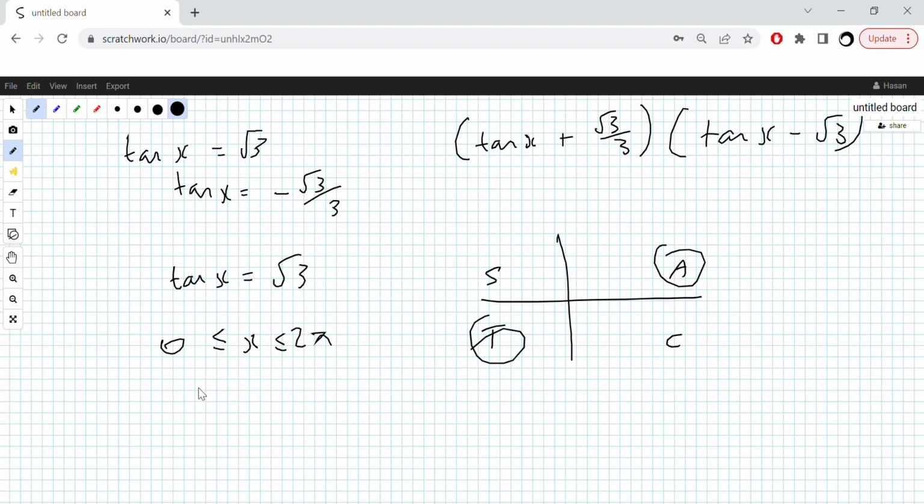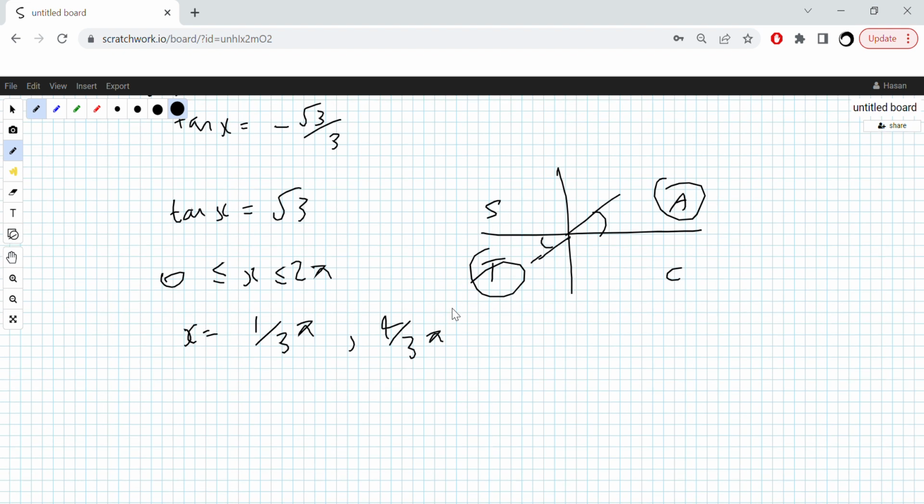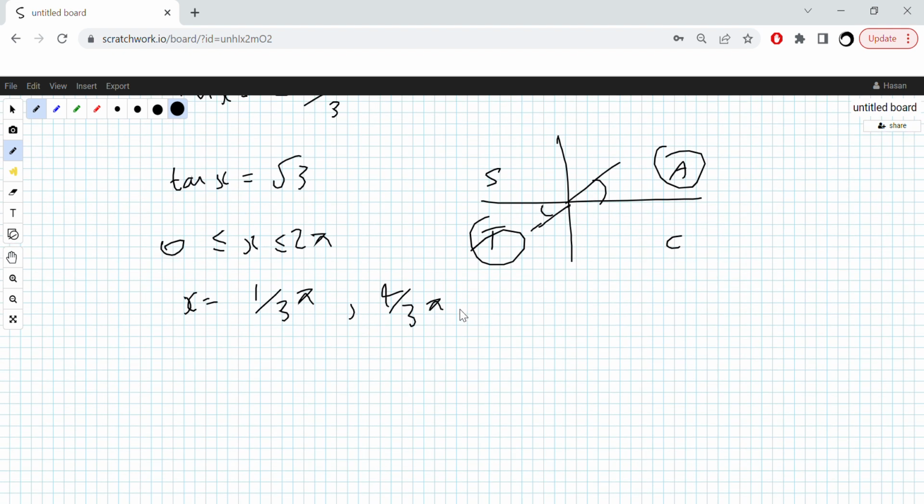So the inverse tan of root 3 would give us a third pi. So this section is a third pi. Now we need to find out this section. And to do that, we're going to do pi plus a third pi, which is 4 over 3 pi. So that is our answer when we have tan x equals root 3.